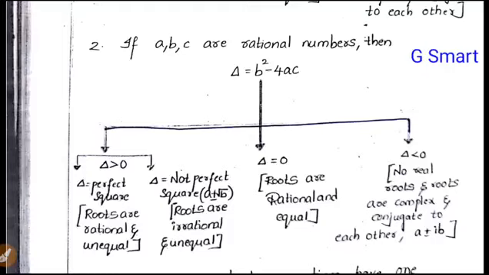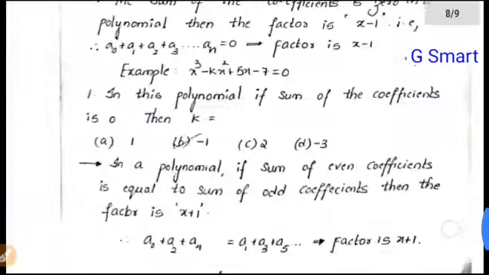If delta is equal to 0, then the roots are rational and equal, meaning 2 by 3 comma 2 by 3, 5 by 3 comma 5 by 3, 7 by 9 comma 7 by 9. If delta is less than 0, then the roots are not real, and they are complex and conjugate to each other, meaning a plus or minus ib.